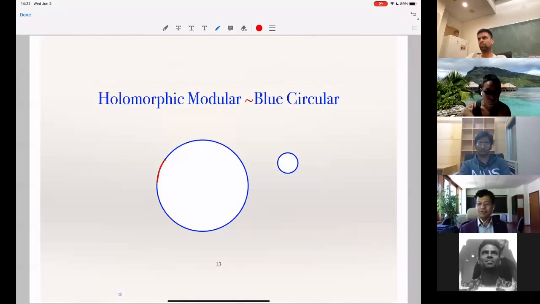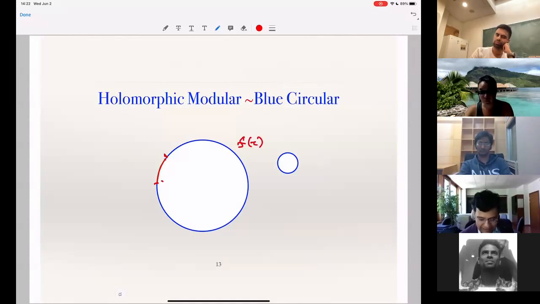And a mock modular form, if you want to think about its completion, is like this figure where part of it is actually red. By adding that little red piece, you render the whole figure circular, but it's no longer blue. The blue part by itself is the mock modular form. So you can think of this as the f function, f of tau.